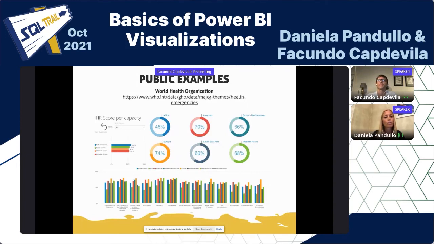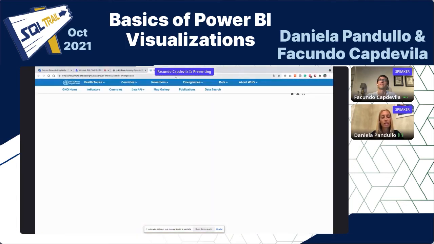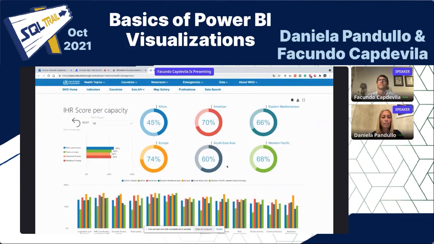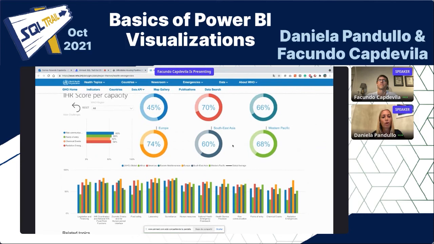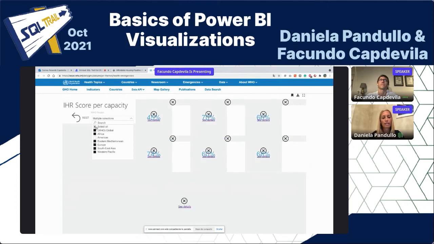Well, the second example that we have today is the World Health Organization. We are going to click also on this link to see the website and to see the dashboard that they have with Power BI. This is the website, and here is the dashboard with Power BI. And you can check on the filters that if you change this type of filters, the dashboard is going to modify, so you can see the different information that you have there.